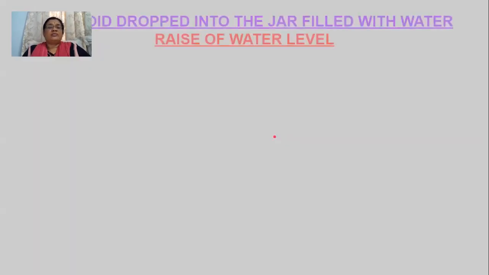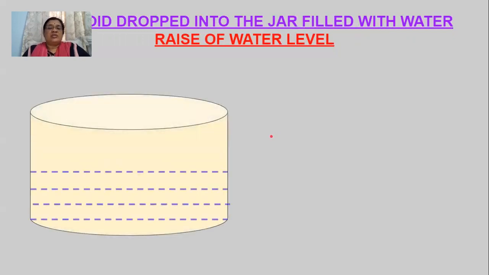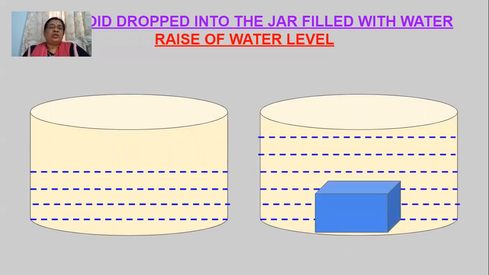And one more, see here, I have taken a measuring jar which is filled with water. When I drop one cuboid into that water, what happened to the water? Will the water remain the same or will it rise? The water will rise, definitely.